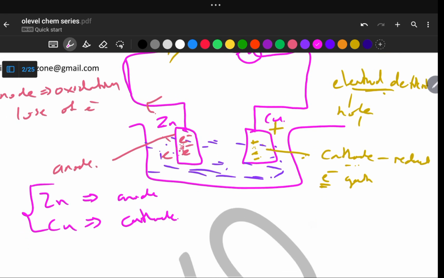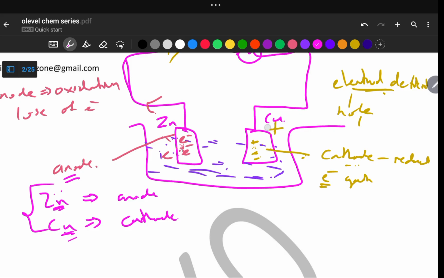The one which is more reactive is going to lose electrons, and we said where we are losing electrons is the anode. So zinc is more reactive than copper. So obviously zinc is going to release or lose the electrons, and copper is going to receive. So this is what you need to know. You must know the reactivity series by heart, right? You must know the reactivity series by heart.